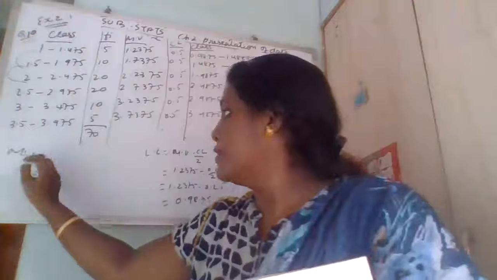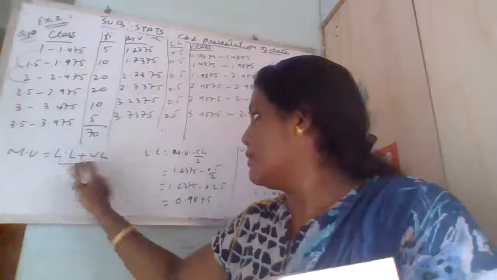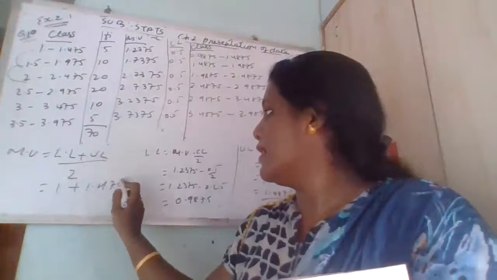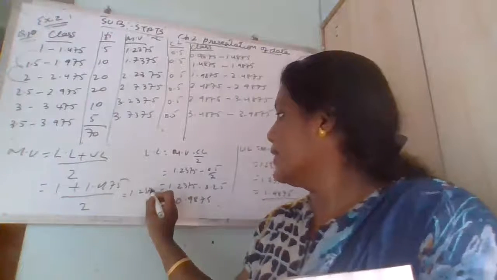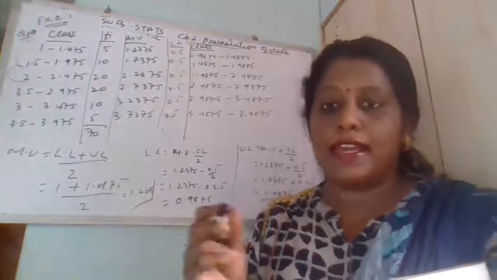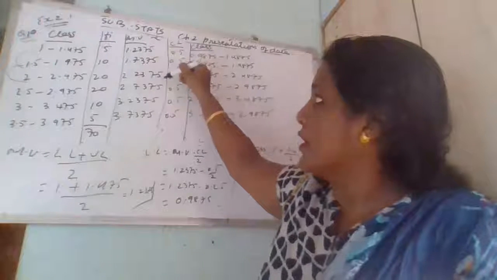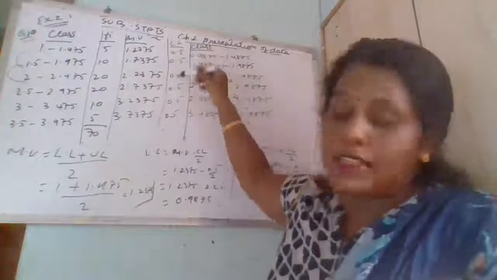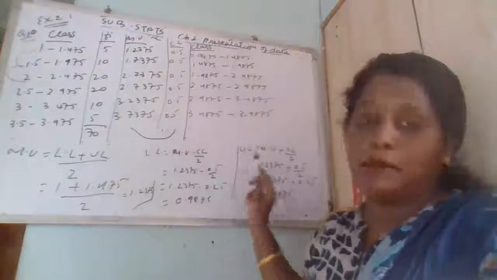What is the formula of mid value? लोअर लिमिट प्लस अपर लिमिट डिवाइडेड बाय 2। तो यहाँ पर क्या था 1 प्लस 1.475 डिवाइडेड बाय 2। तो like this you got your mid value, that is 1.2375, right। After getting the first mid value you are adding your class length। इसमें सब प्लस 0.5 ऐड किया, तो तुम्हें मिड वैल्यू मिला। सबके लिए क्लास लेंथ तो इक्वल है। फिर ये दोनों के बेसिस पे हमने लोअर लिमिट अपर लिमिट फाइंड किया, right?